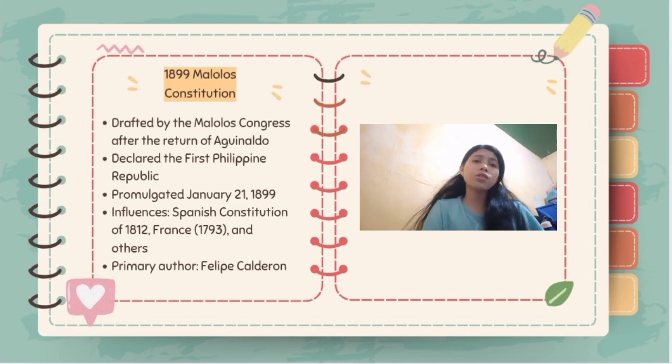The Malolos Constitution was a symbol of Filipino hopes for independence and self-governance, even though it was short-lived. It showed the world that Filipinos were capable of creating their own government and defining their own future. It remains a significant milestone in the history of the Philippines.